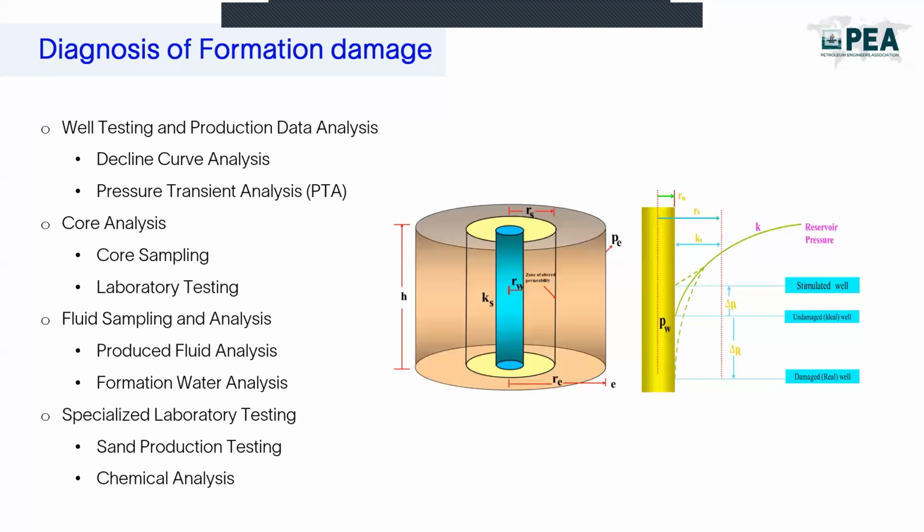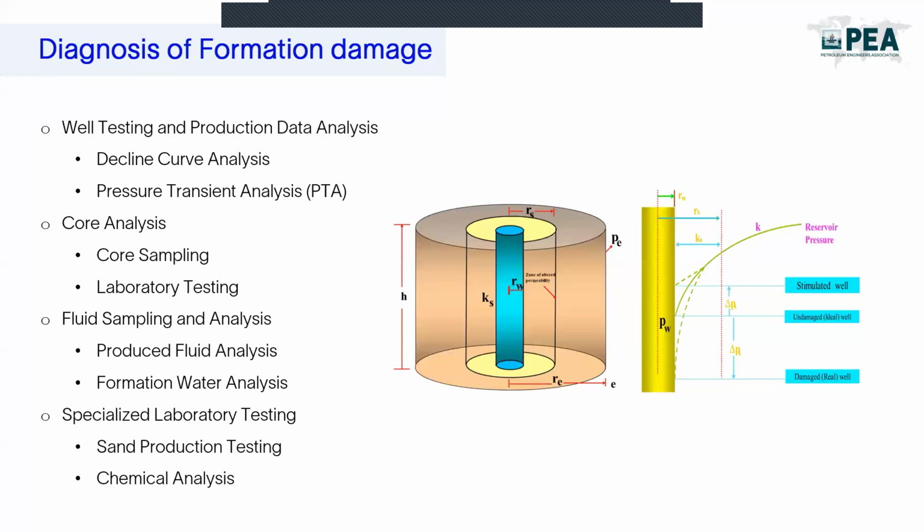So this is step number one in our remediation and mitigation process. An accurate diagnosis involves a combination of direct and indirect methods which help determine the extent, location, and nature of the formation damage. Here are the most common approaches to diagnosing formation damage.